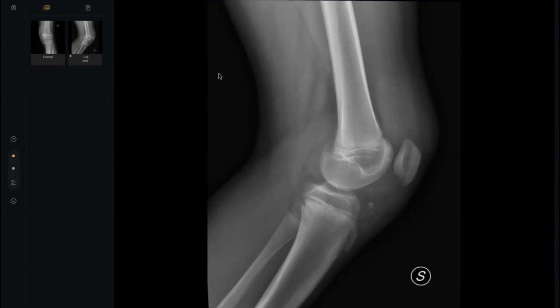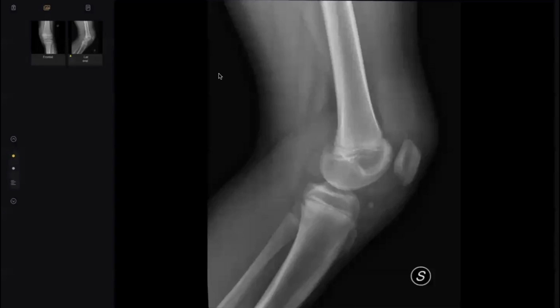There is a loose body within the infrapatellar fat pad. I think three loose bodies, small bone fragments, and I'm checking the patellar tendon.